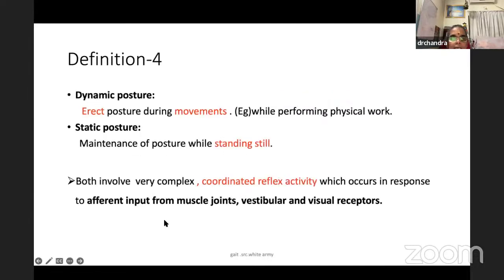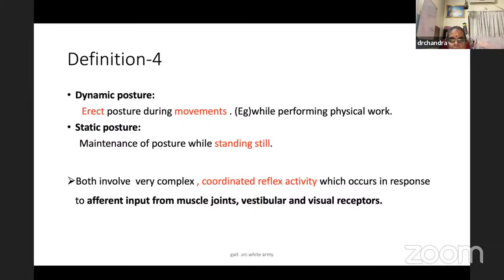And what is dynamic posture? We saw what is equilibrium, what is posture, what is movement, and now dynamic posture: erect posture during movement. During movement also, unless there is some disease, we do not bend or twist. So dynamic posture is maintaining posture during movement. And what is static posture? Static posture is maintenance of posture while standing still.